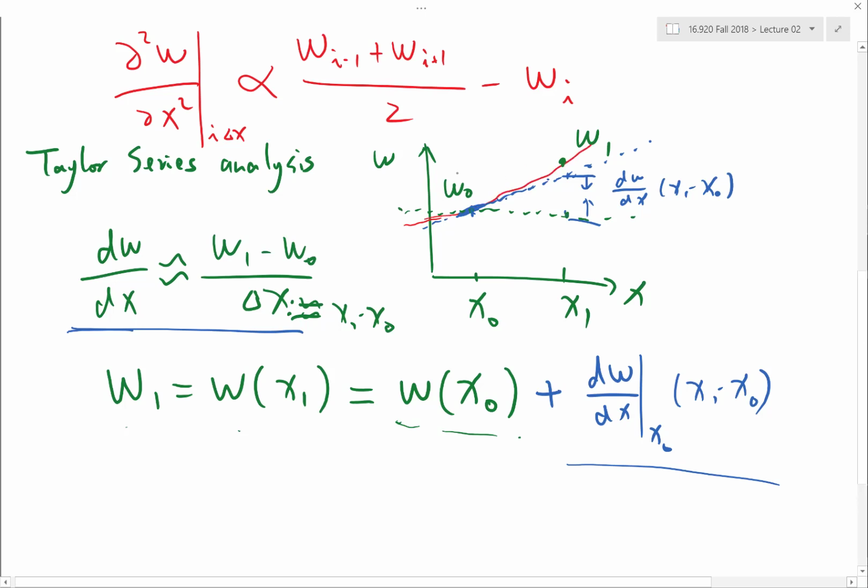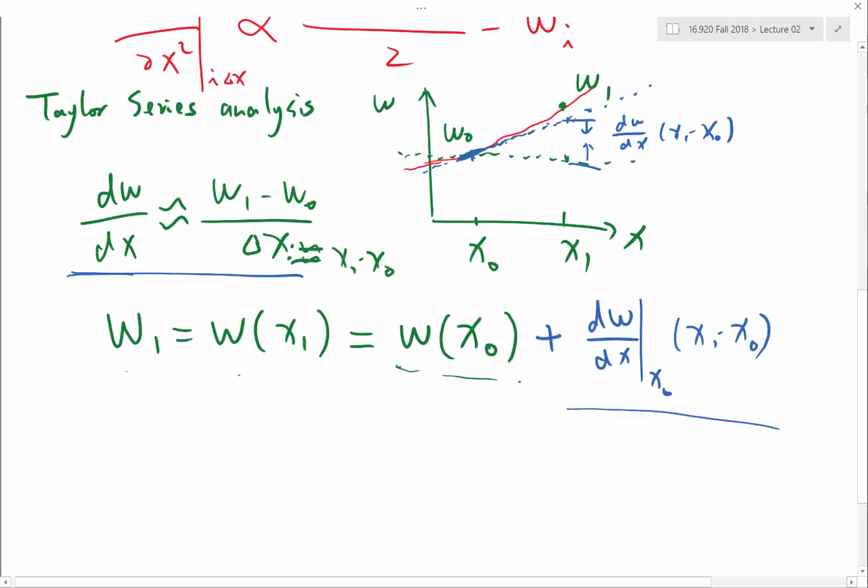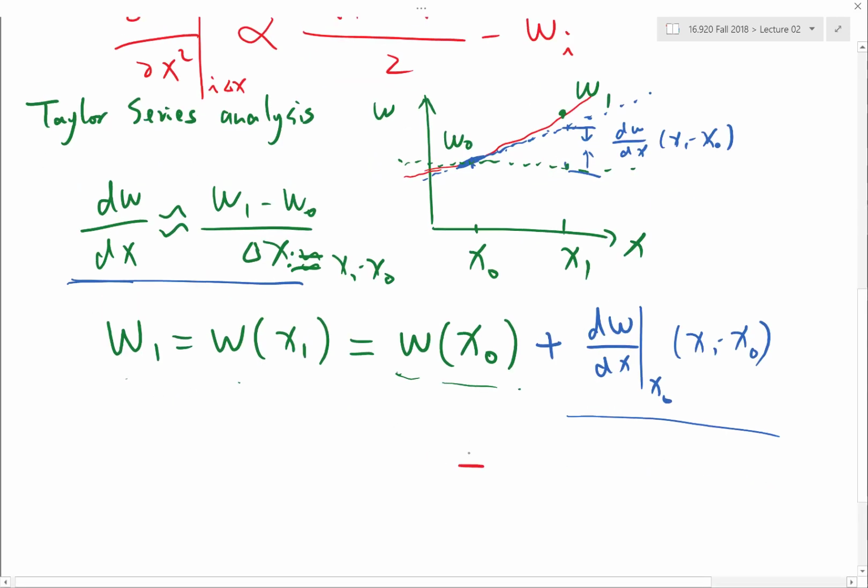If the second order derivative is positive, I should add another term onto it. If it's negative, I should subtract a term. The second order derivative term is the third term in the Taylor series: a half of the second derivative of w at x0 times (x1 minus x0) squared. And this approximation can go on and on and on.